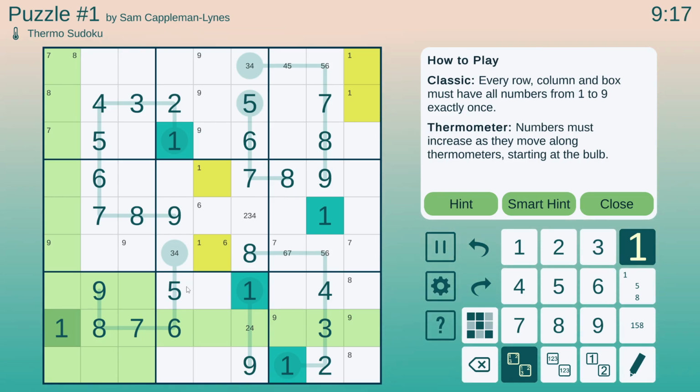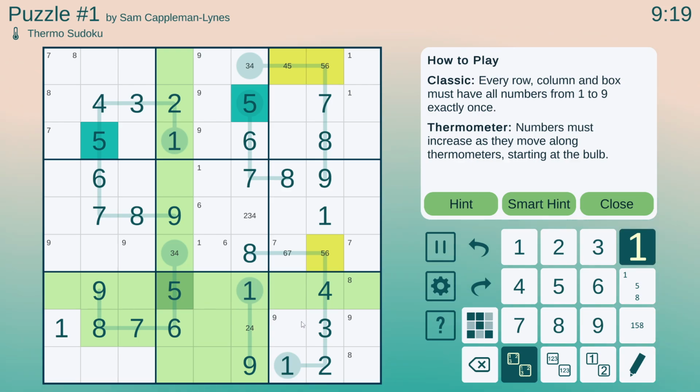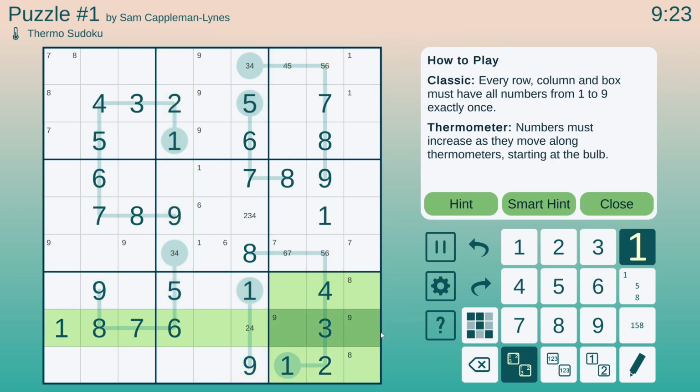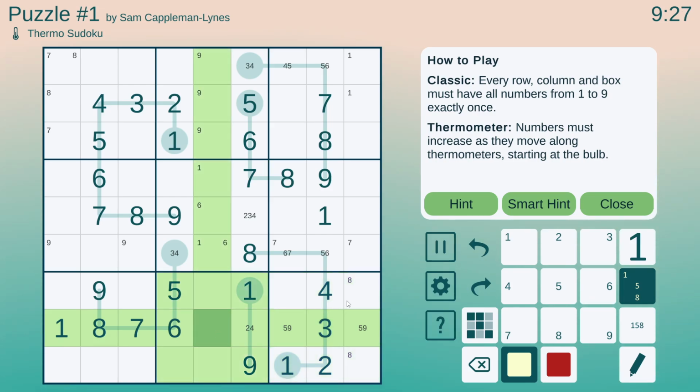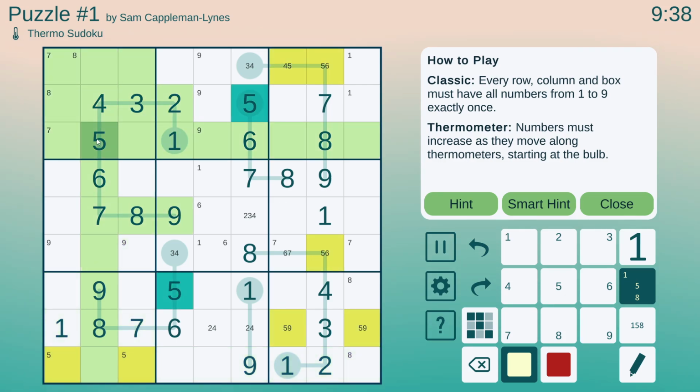And 5. So I believe that makes this a 9, 5 pair. And this a 2, 4 pair by that same logic. And then 5 somewhere in one of these two cells.